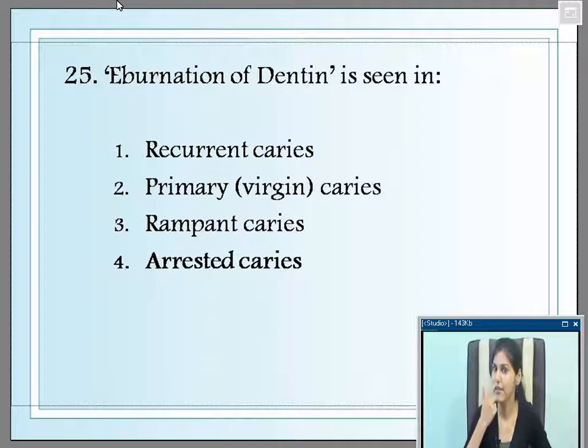If you leave that cavity open, there is a chance that food accumulation might happen, and if the patient's oral hygiene compliance decreases, say over the long run, unfortunately he meets with an accident, his hand has a fracture, he can't brush, so it can again progress, or the opposing tooth might supra-erupt. So to prevent all this, it is always best to restore the tooth as close to functional as possible.